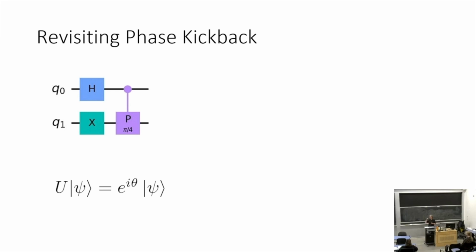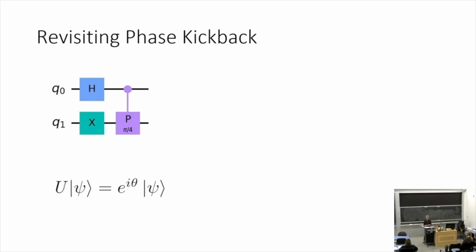And so the value that the qubit is being multiplied by is the phase that will be kicked back to our control qubit. So let's see how that works.